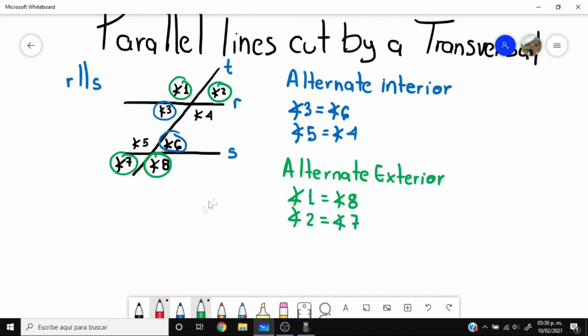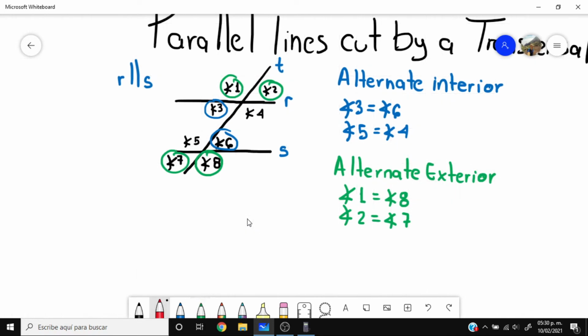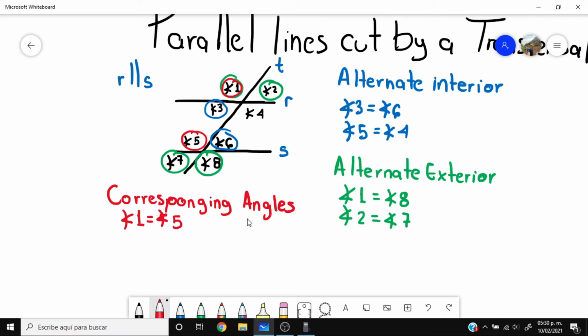Okay, but also there is another kind of angles, the corresponding angles, and exactly the same, they're going to have the same measure. So corresponding angles, we have this one and this one. So angle 1 equals angle 5, and also angle 2 equals angle 6.